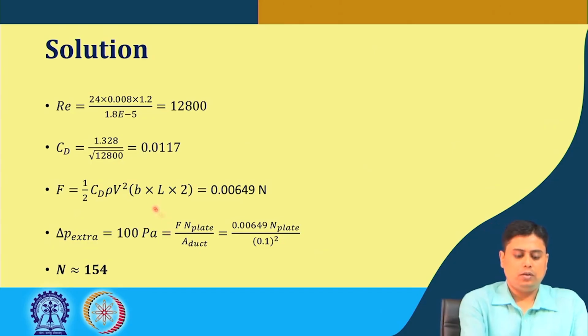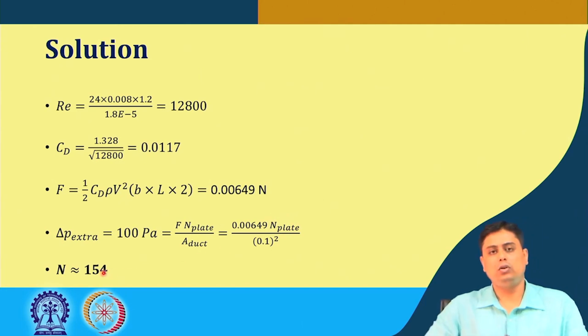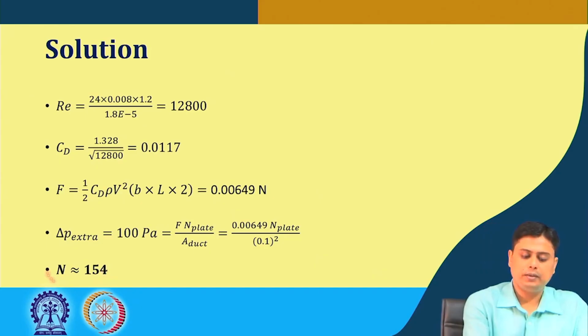So the single plate drag force multiplied by the number of plates divided by the area of the duct, based on the hydraulic diameter, we can find out the number of plates that is required to create that extra 100 Pascal pressure drop. I hope this is also clear.